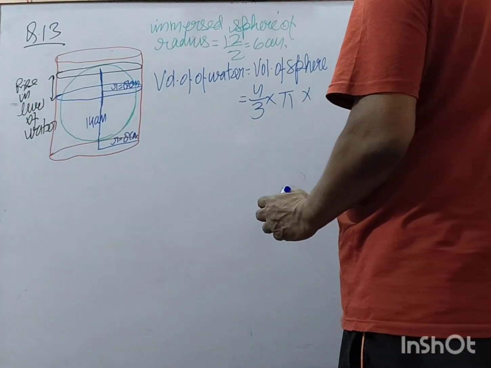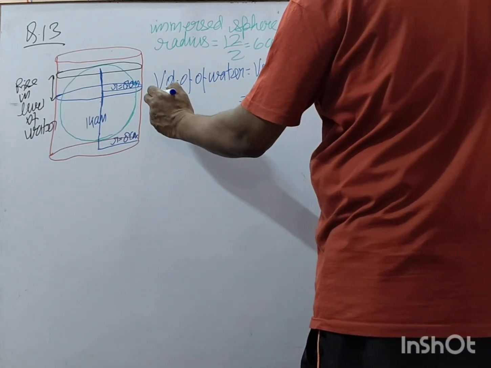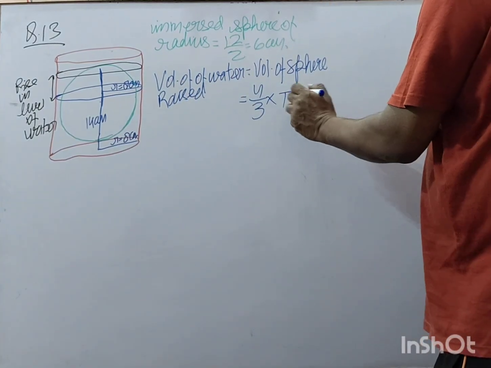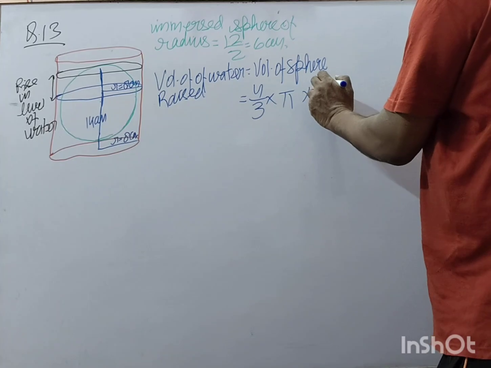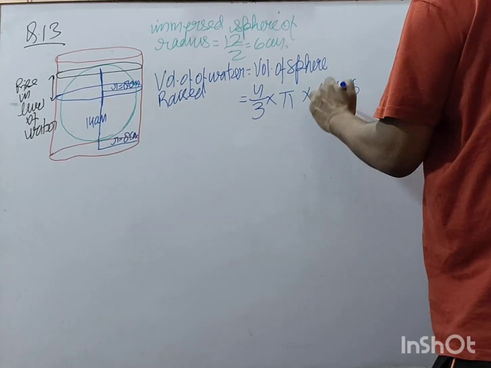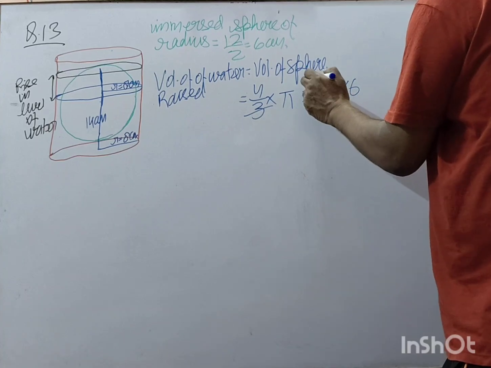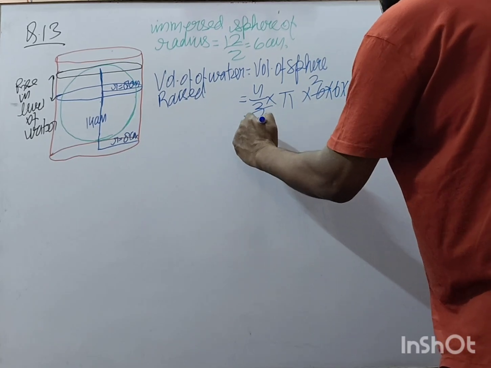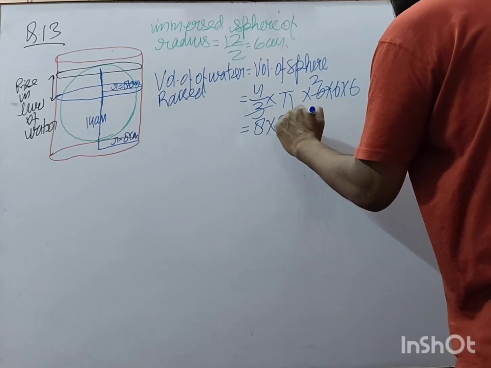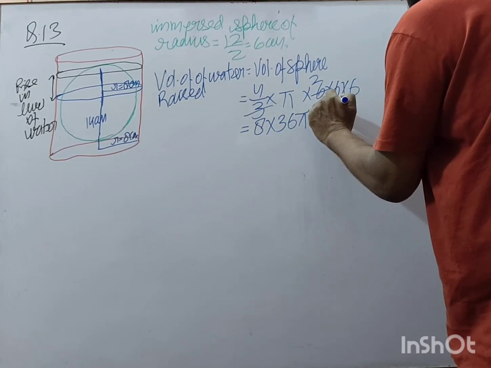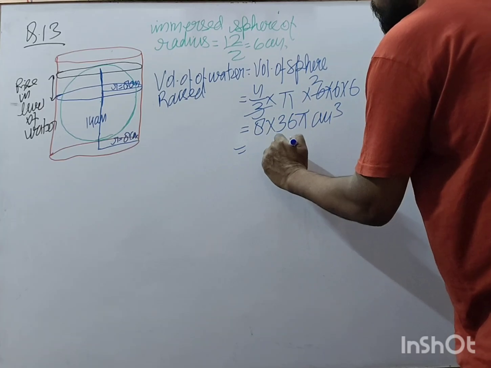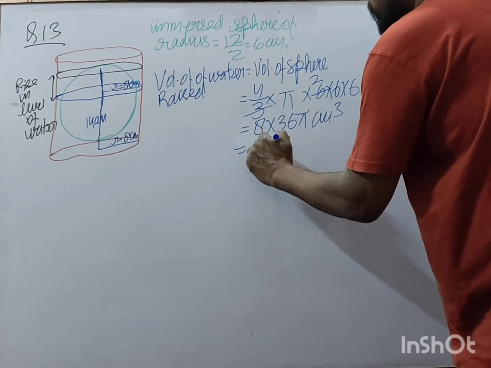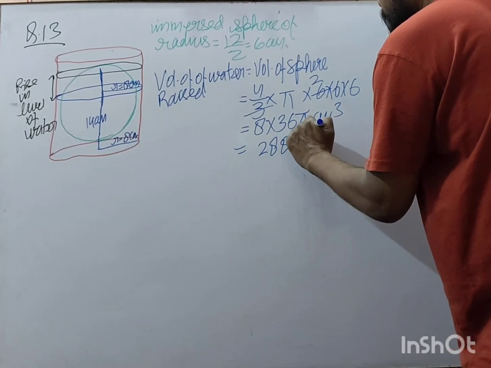Volume of water raised is equal to volume of sphere, so it becomes 6 into 6 into 6. 3 times 2 times 3 becomes 6, so it is 8 into 36 pi, which is 288 pi centimeter cube.